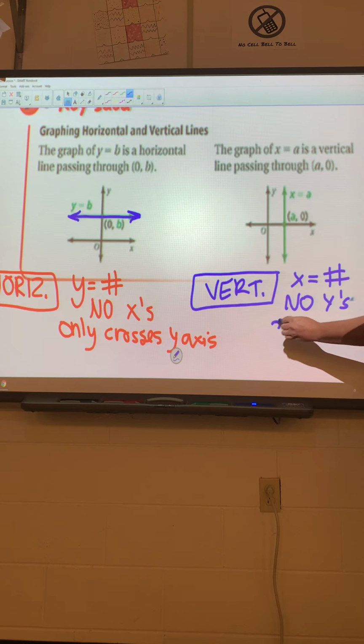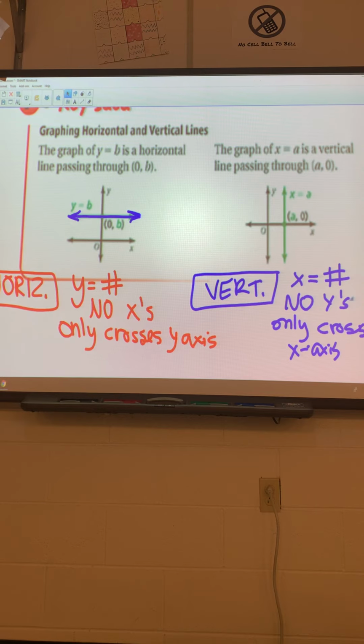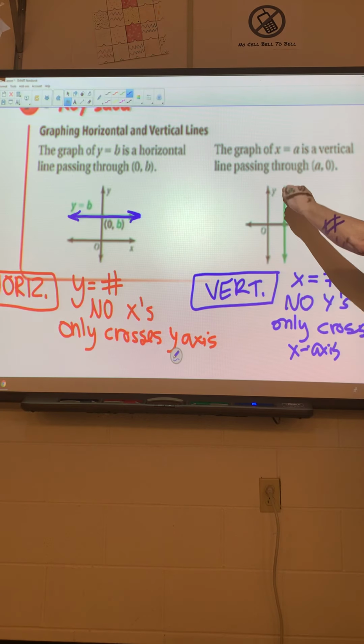Because it only crosses the x-axis. And if you want to darken that line, notice how this is only hitting the x-axis.